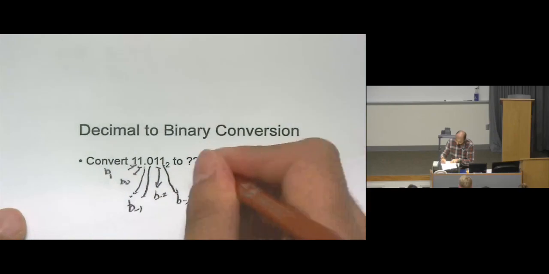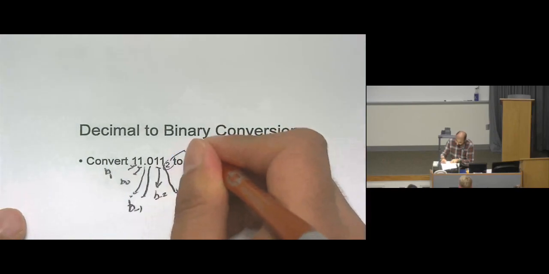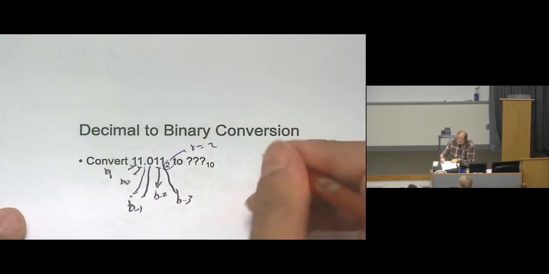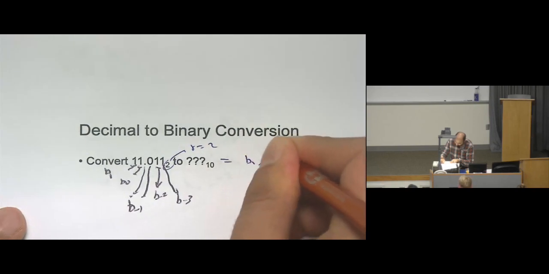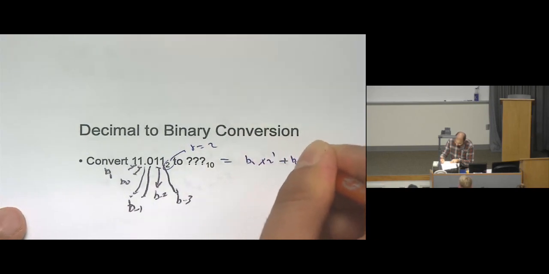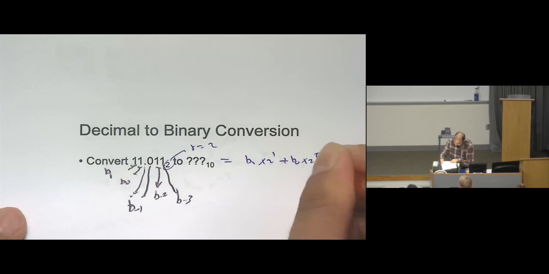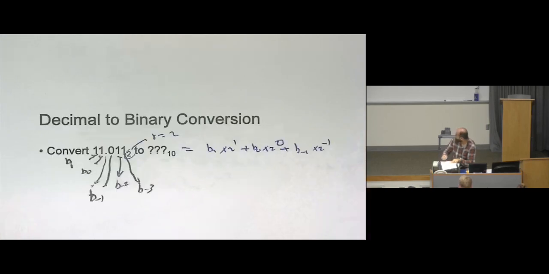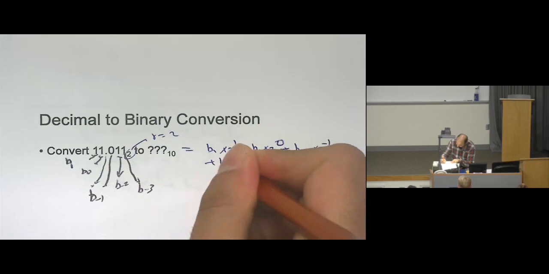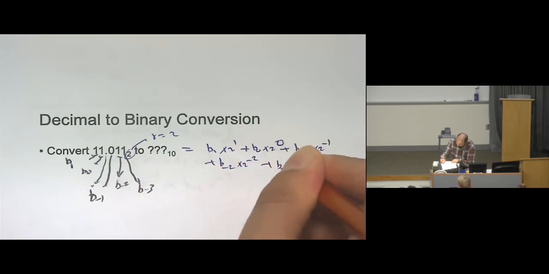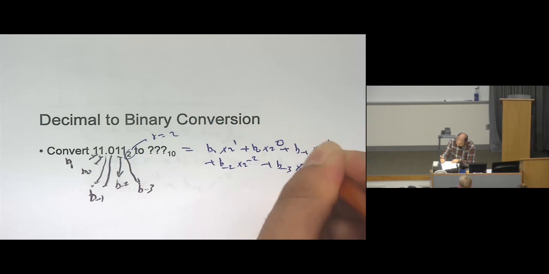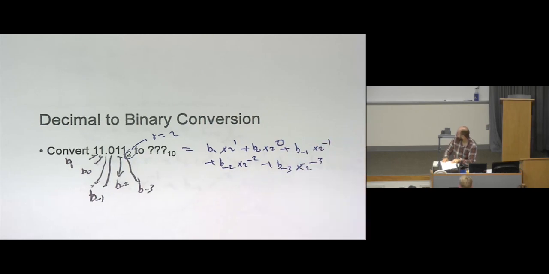The base that I have is 2. So it's going to be equal to B1 times 2 power 1, plus B0 times 2 power 0, plus B-1 times 2 power -1, plus B-2 times 2 power -2, plus B-3 times 2 power -3.